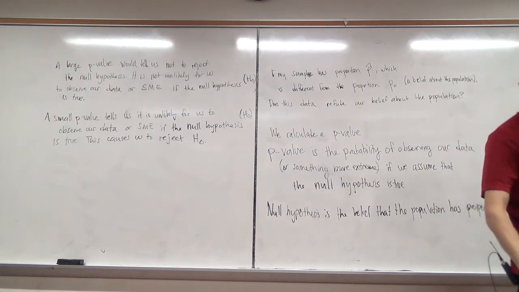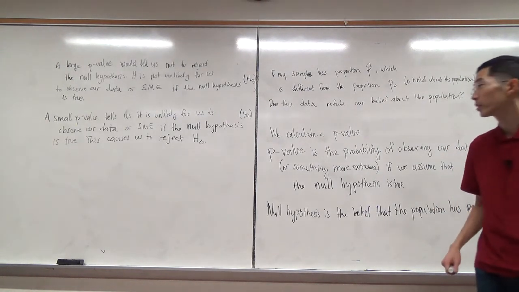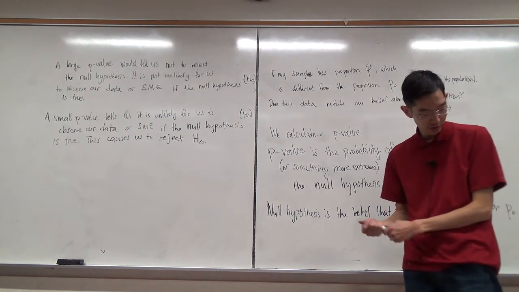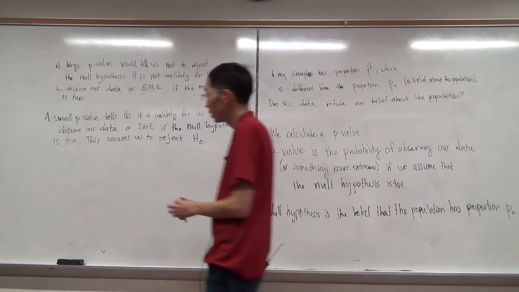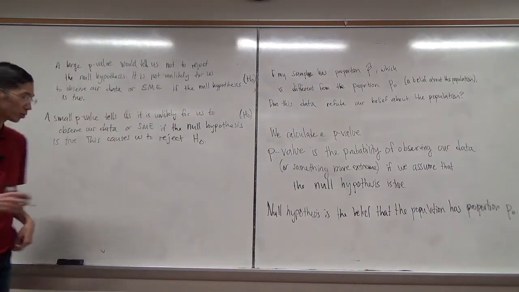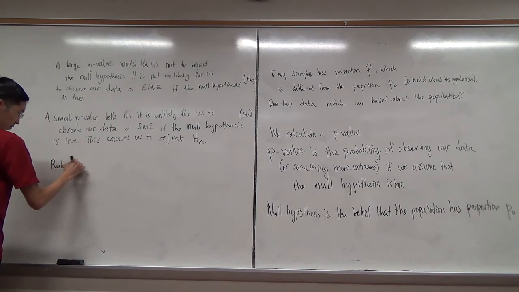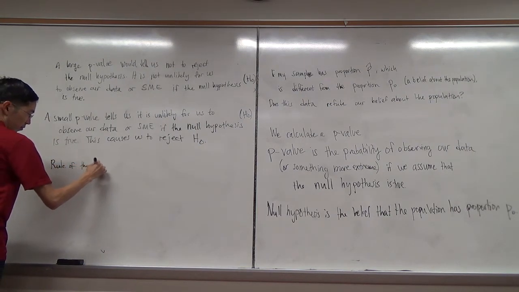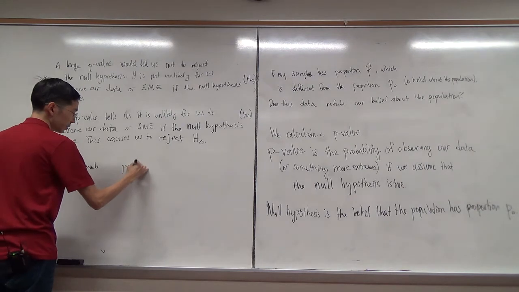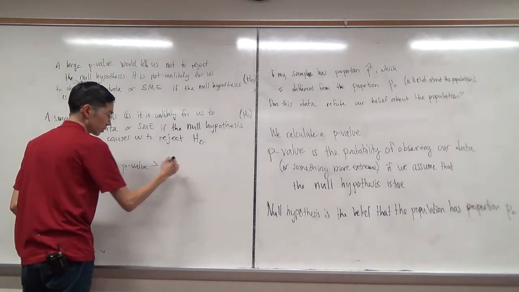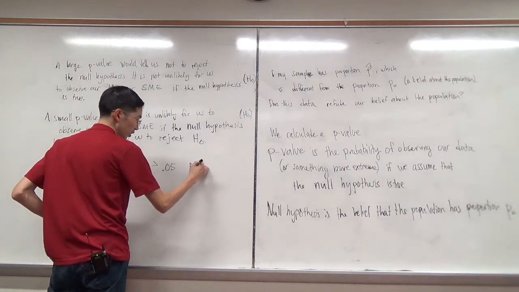We will talk about when the p-value is large versus small. But for now, our rule of thumb is that if the p-value is bigger than 0.05, that means the p-value is large.